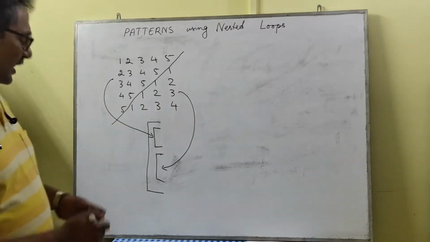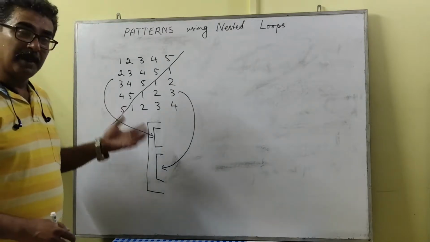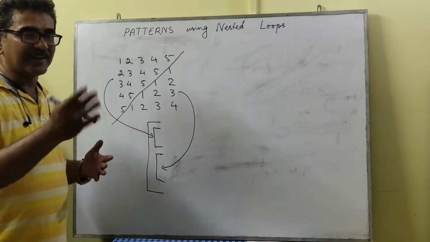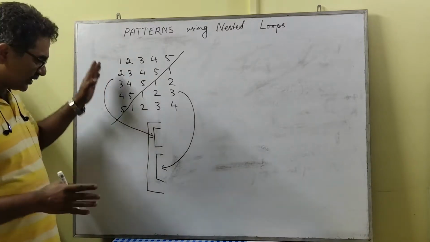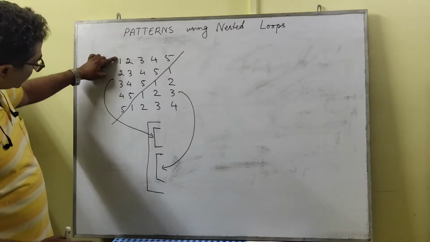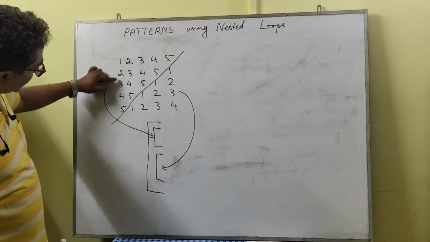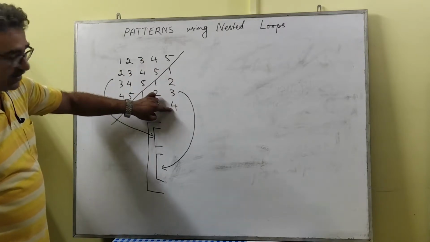Now first of all, the outer loop which you are going to take may be any value from 1 to 5 or 5 to 1. Preferably, you can take that particular set of numbers which is complete by nature. Like here, you see this is complete by nature, this particular side 1, 2, 3, 4, 5. This started from 1, so therefore it went till 5.